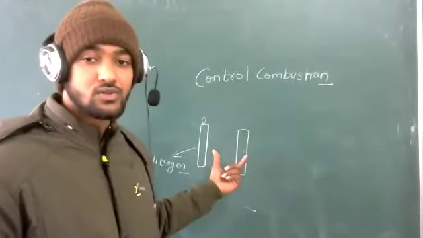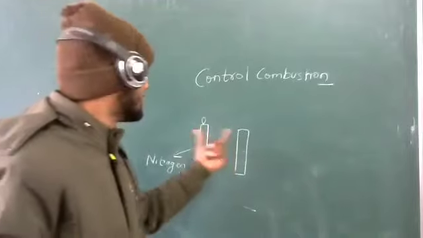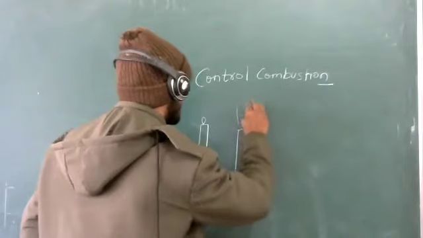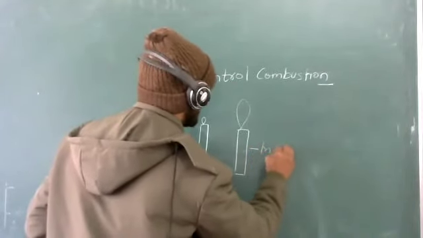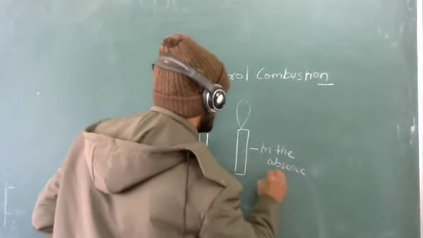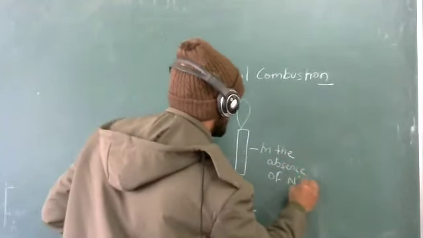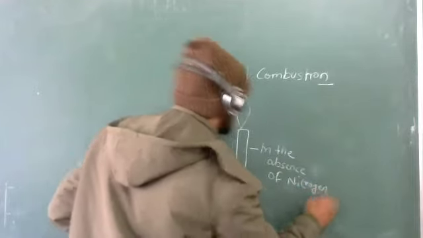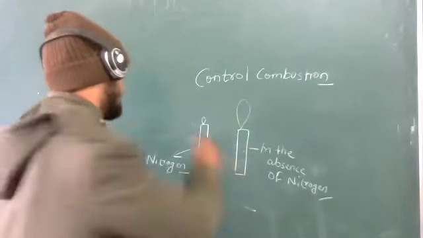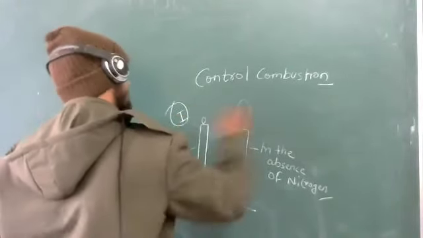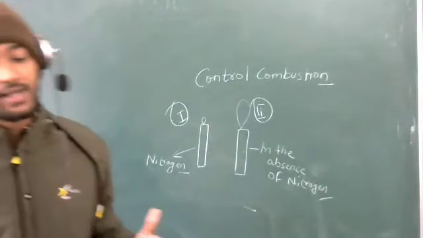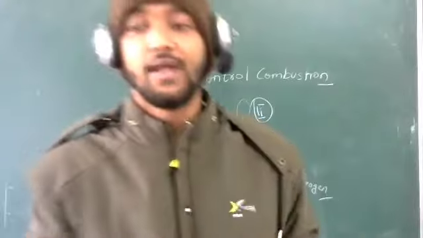If there is no nitrogen gas, the rate of burning will be very fast. So the flame will be like this, and the candle will burn very fast in comparison to the first case. So here nitrogen controls the rate of combustion, or rate of burning.